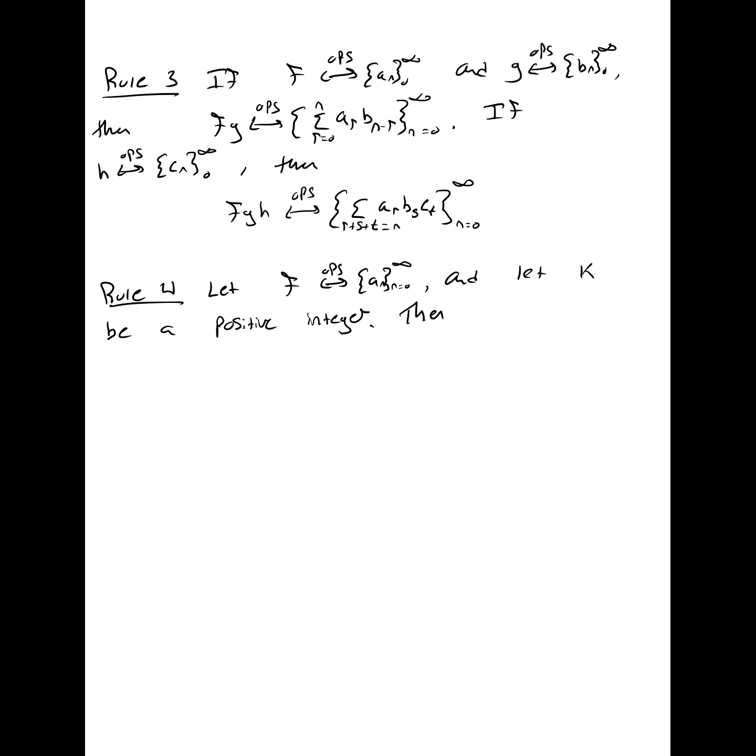Then f to the k, raising this ordinary power series to a positive integer, is going to be the ordinary power series for the sum where all the indices add up to n, just multiplying all of these terms together.